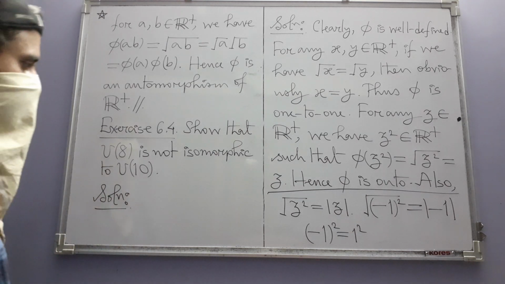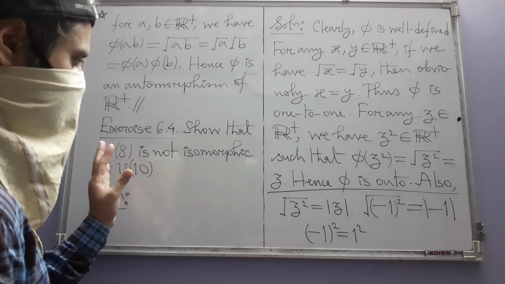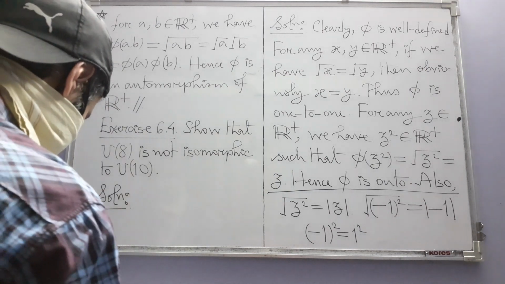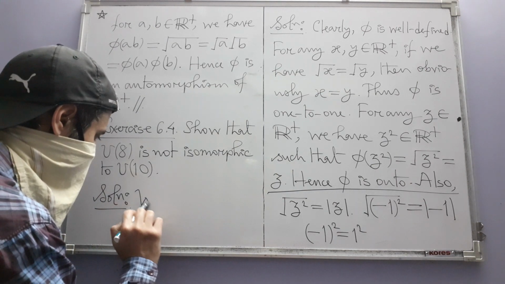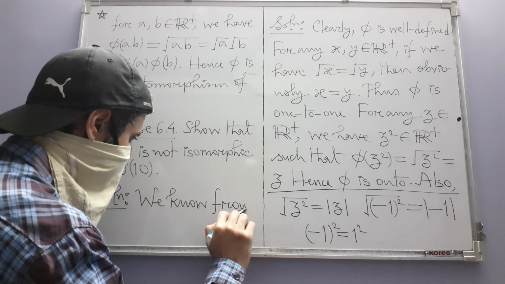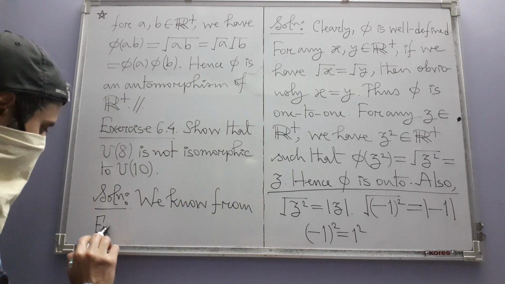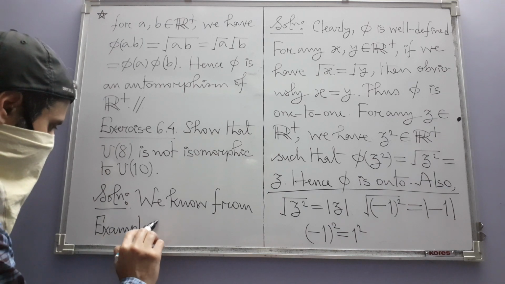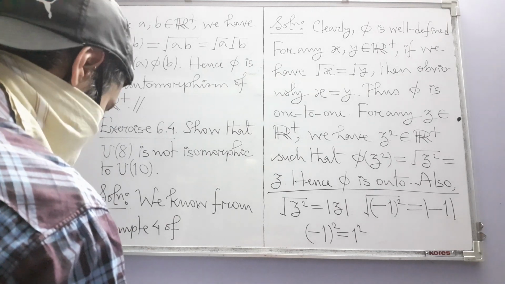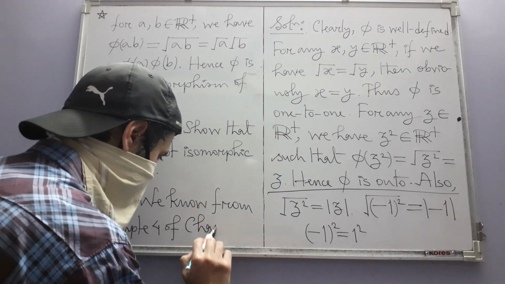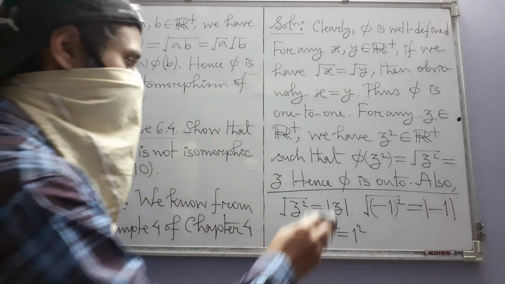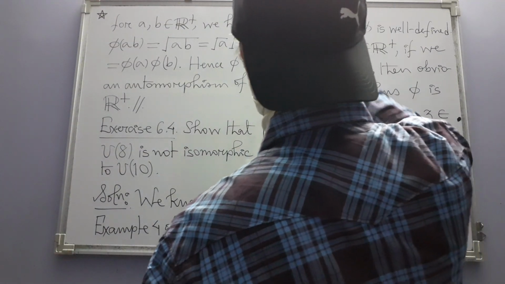Now we have to go back to an example where we discussed some aspects of this group, and that example is this. We know from example 4 of chapter 4, I think, yes, that one of these two groups is cyclic, but the other one is not.